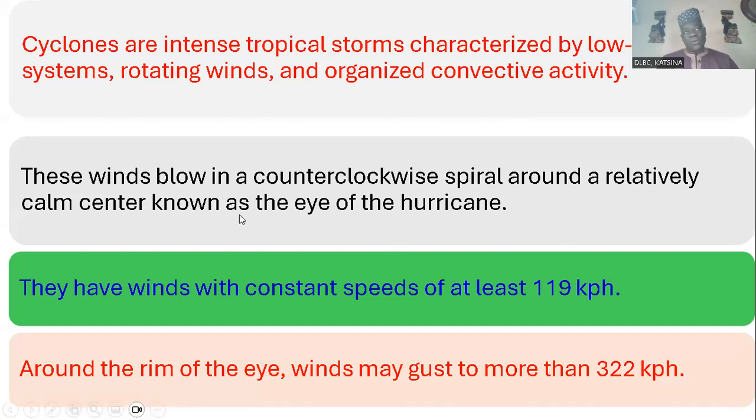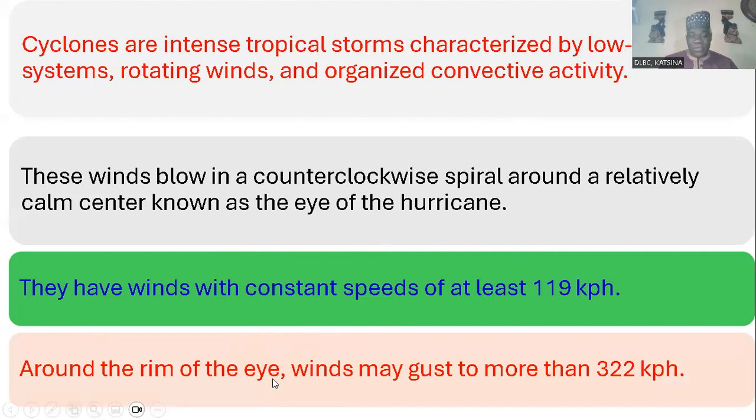Now, what are cyclones? Cyclones are intense tropical storms characterized by low pressure systems, rotating winds, and organized convective activity. These winds blow in a counterclockwise spiral around a relatively calm center known as the eye of the hurricane.